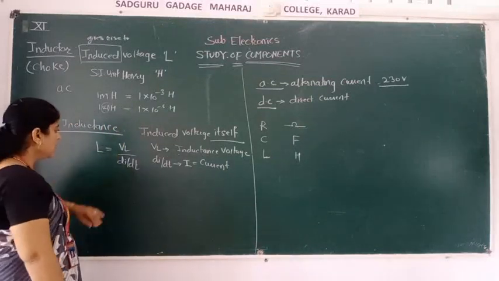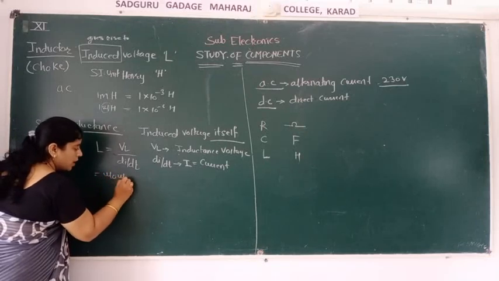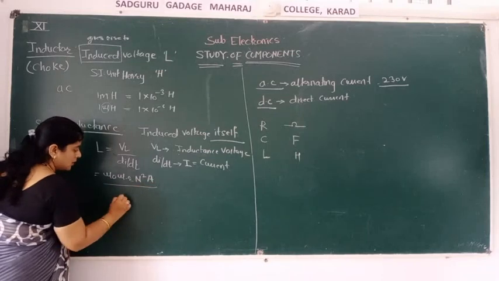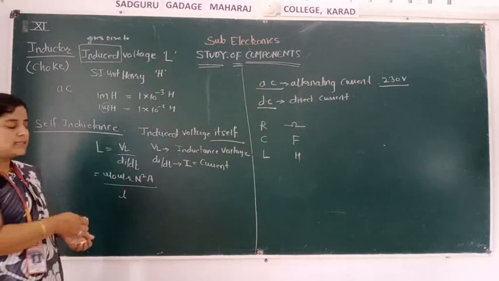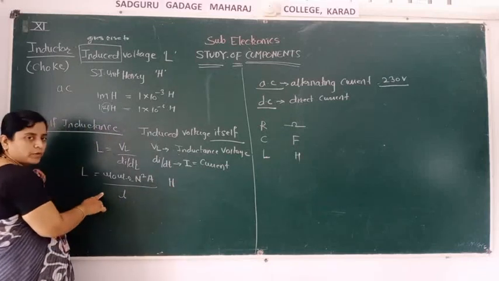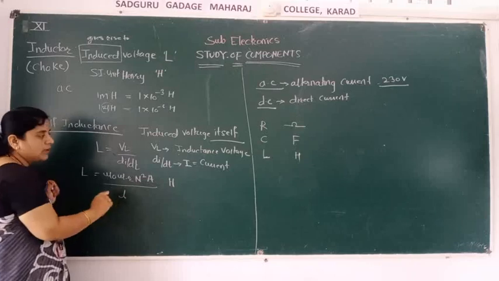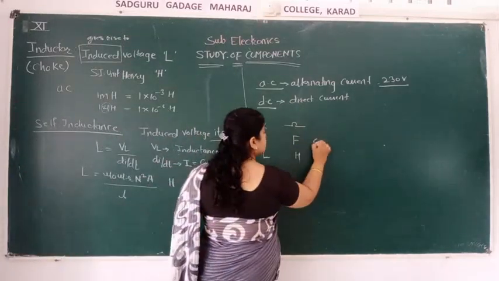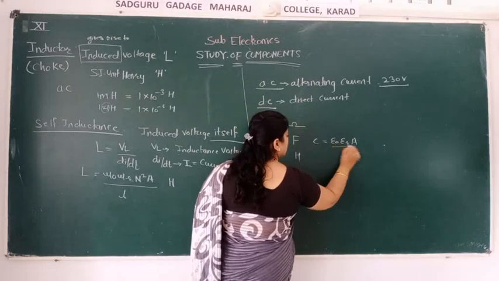It can again be written in another form, that is L is equal to mu 0 mu r N squared A upon l. We have seen in the capacitor that C is equal to epsilon 0 epsilon r A upon d.